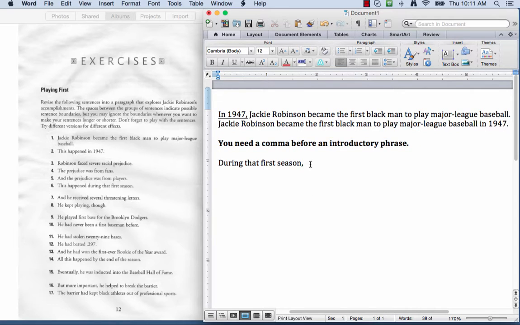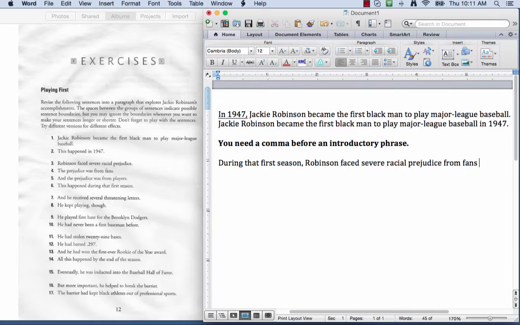And now we can combine those first three sentences. Robinson faced severe racial prejudice. That's the key idea, main idea. And now remember, we're repeating prejudice here from prejudice here. So we can get rid of the prejudice was from fans.